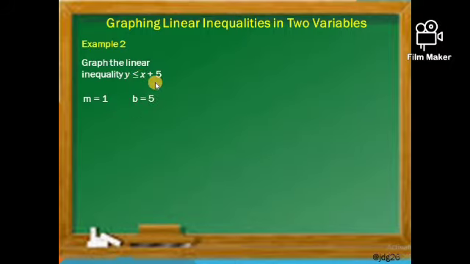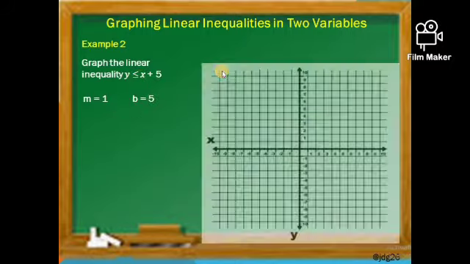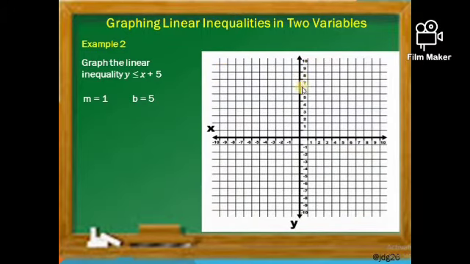At ang y-intercept ay positive 5. So, i-graph muna natin ang y-intercept dito sa y-axis, makikita. So, we have b is equal to 5: 1, 2, 3, 4, 5. This is the first point. Next is, dahil ang slope ay 1, ibig sabihin 1 unit upward and 1 unit to the right dahil positive ang slope. And this is now your second point.